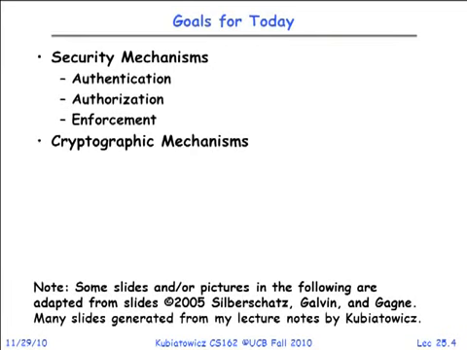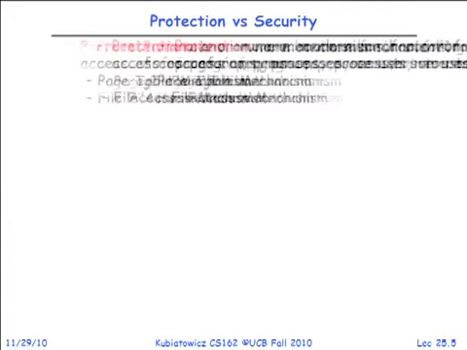Okay. So I want to switch gears now and start talking about security for our last two lectures. And then the final one next Monday is actually an optional lecture. I'll talk a little bit about that later. But what I want to do is talk about protection versus security. And this is, again, a policy versus mechanism issue, which we've been talking about all term.